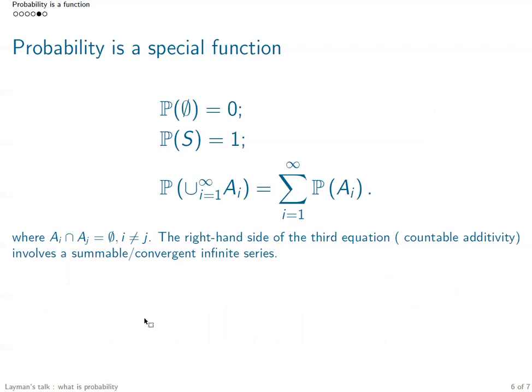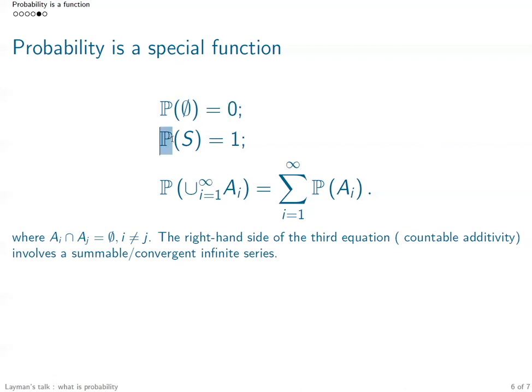Probability is also a special function. It requires certain special structure imposed on this function. For example, any probability function has to assign 0 to the empty set. Well, the empty set contains no outcomes, so it's natural to assign it 0.